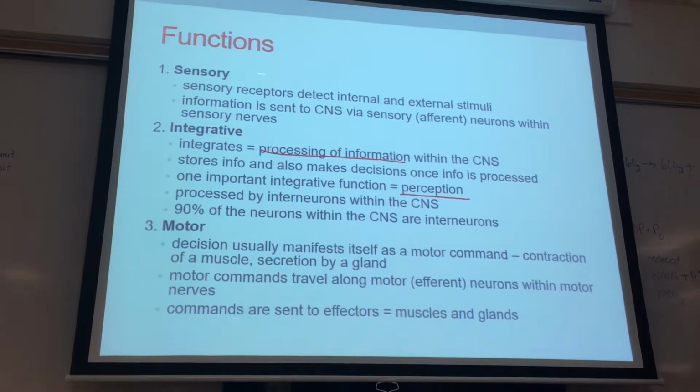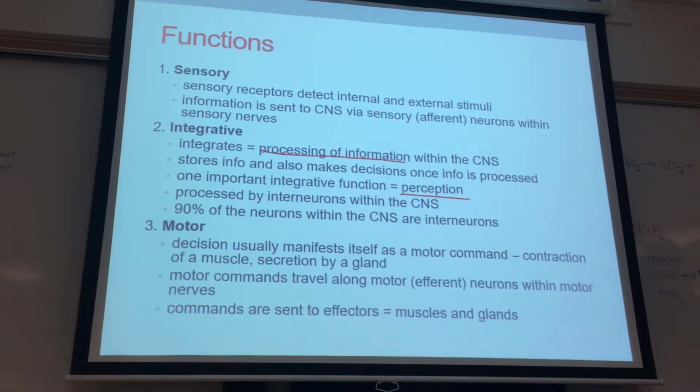And this should be clearly differentiated from sensory, which we know is the information that's being carried by the senses and transmitted over to the integrative center, which is doing perception. Perception is your conscious awareness, the integration of that sensory information that's coming in.